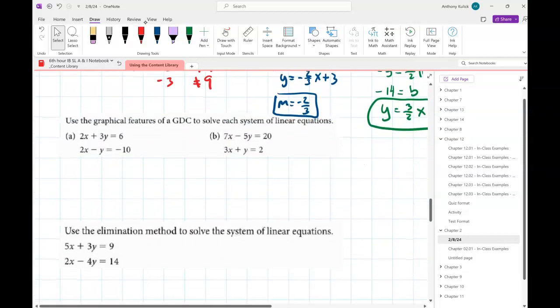All right. Who remembers how to use their graphing calculator to solve a system of two variable equations? What should I do first before I type this into my calculator to graph it?